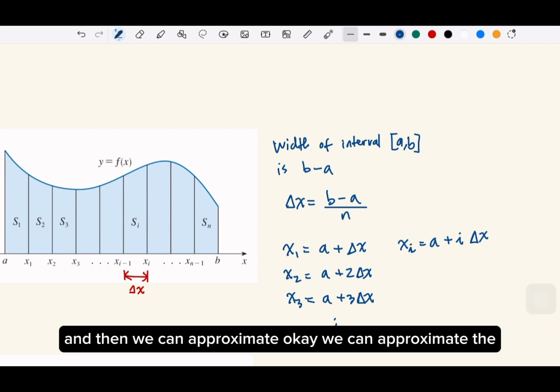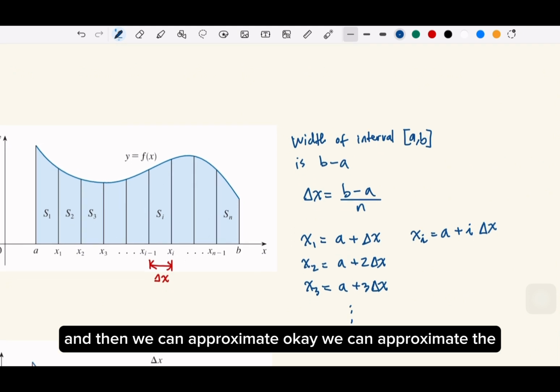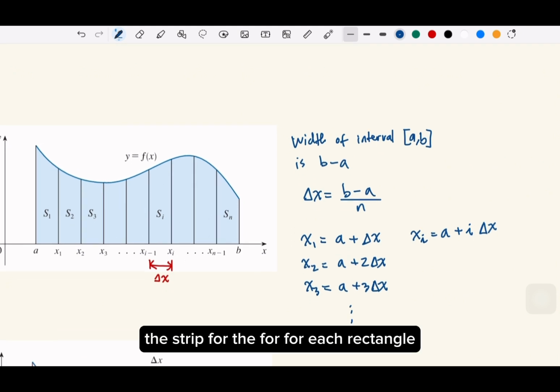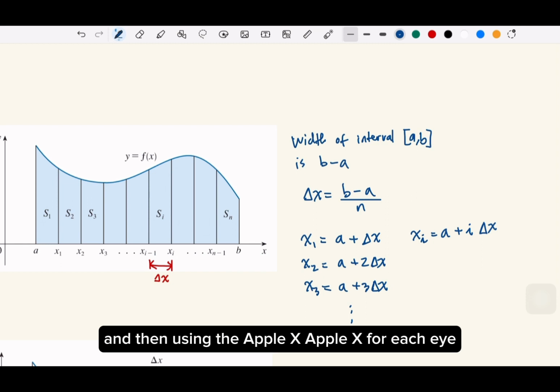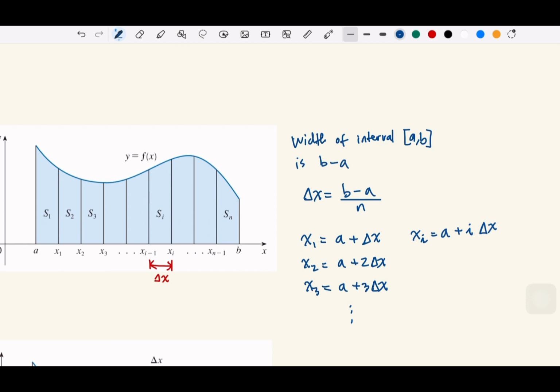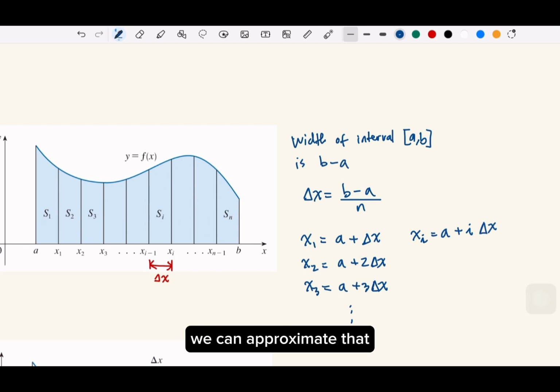And then we can approximate. Okay, we can approximate the strip for each rectangle. So let's say we're going to use this xi, and then using the f of x for each i, we can approximate that.